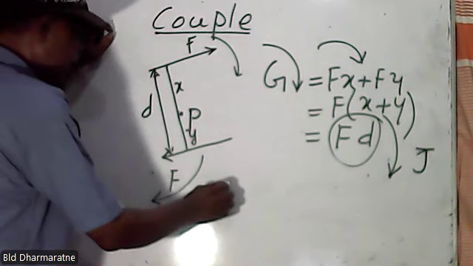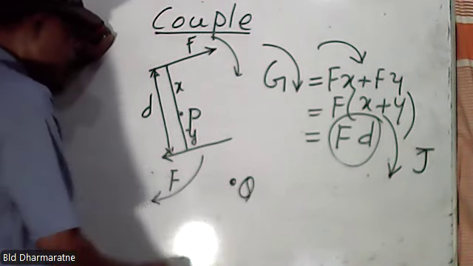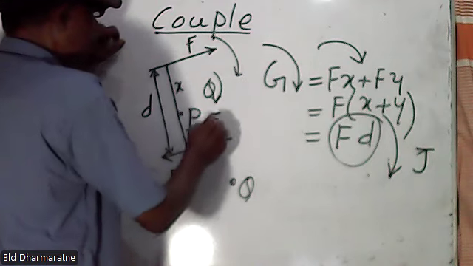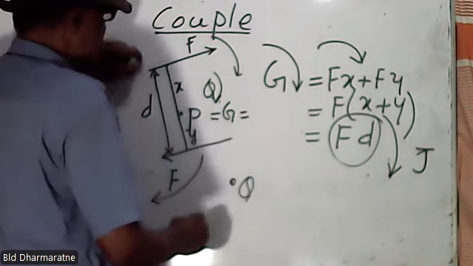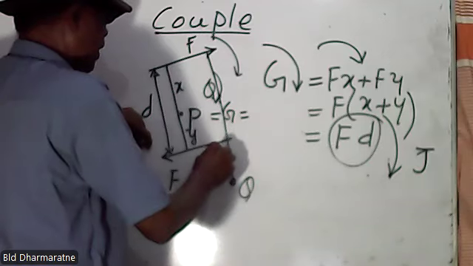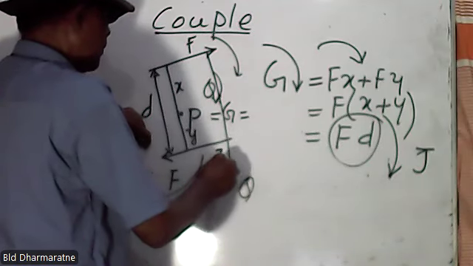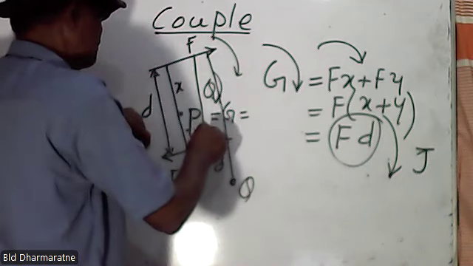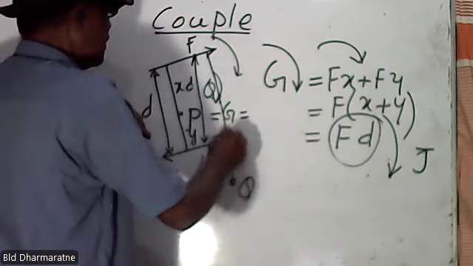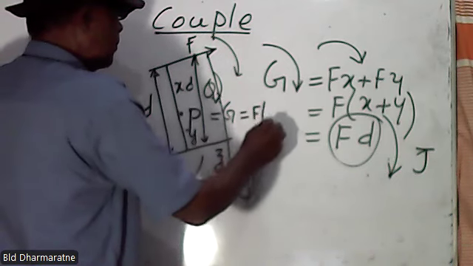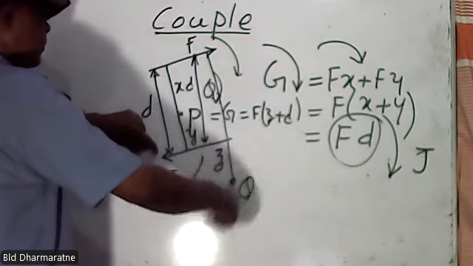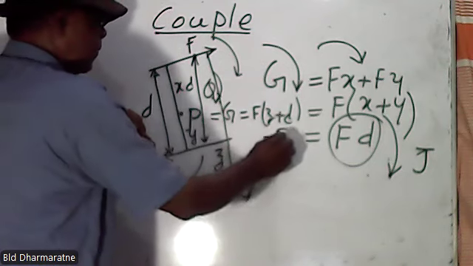We take another point Q and find the moment about Q. This distance is a, and this is D. The moment is F times (a plus D) anticlockwise minus F times a.